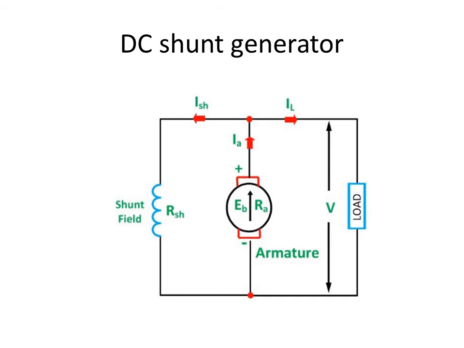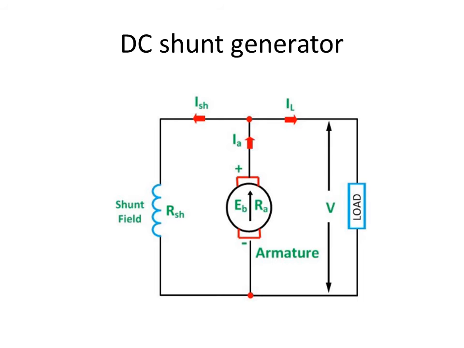In the DC shunt generator, you can see the shunt field winding connected in parallel to the armature conductor. That's why it is called the shunt field, with RSH the resistance of the shunt field coil.